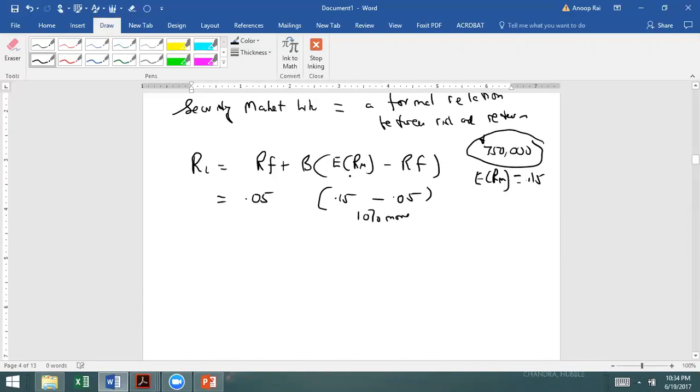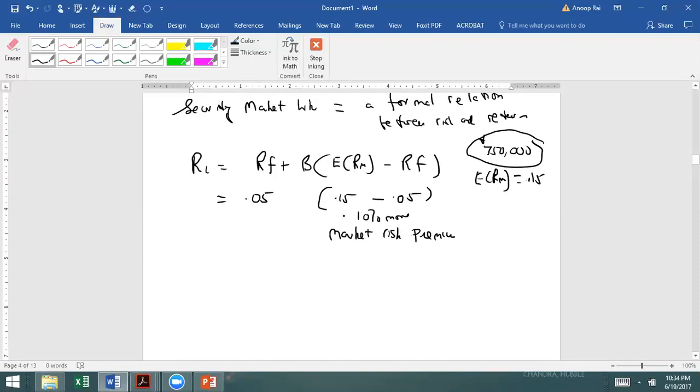And we call this term the market risk premium. It means that she's moving out of the risk-free to the risky portfolio, so the market risk premium is 10%, meaning to go from risk-free to market, you'll get 10% more.